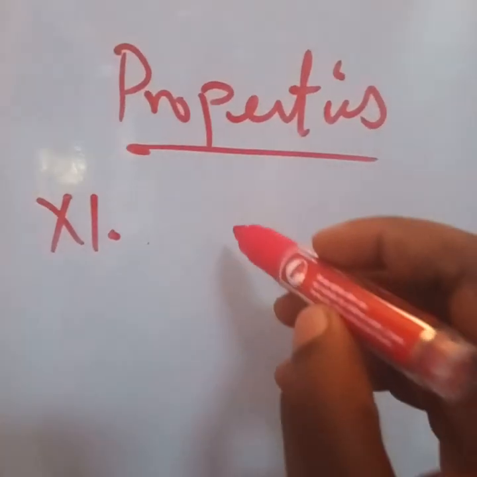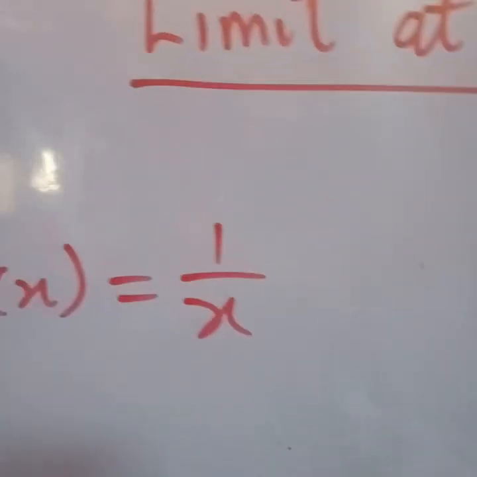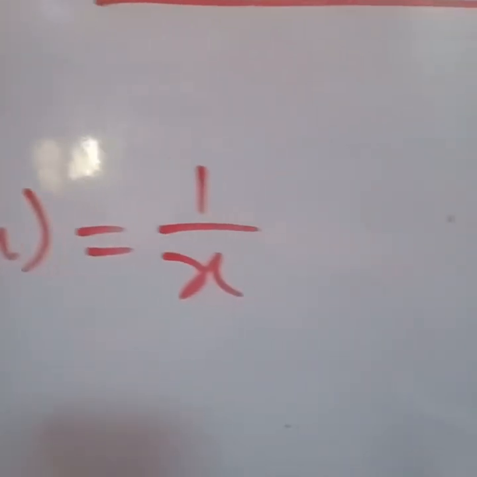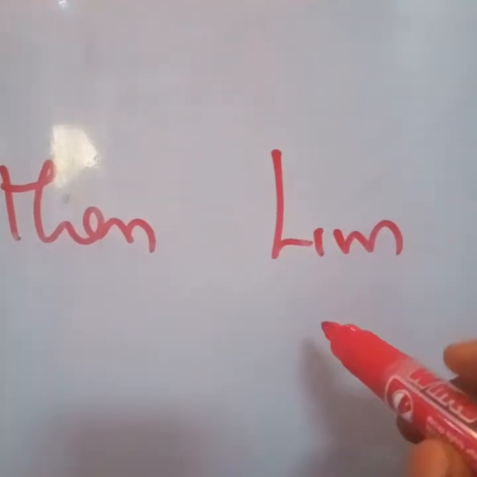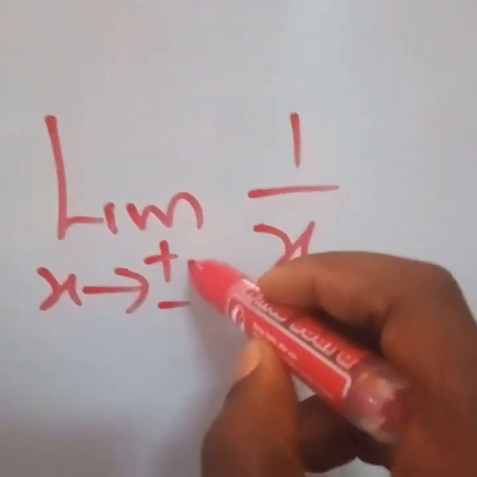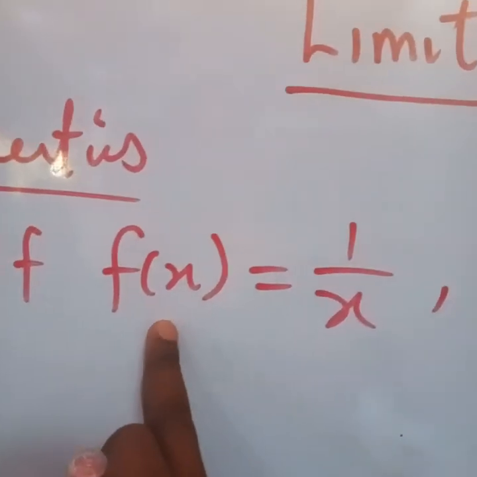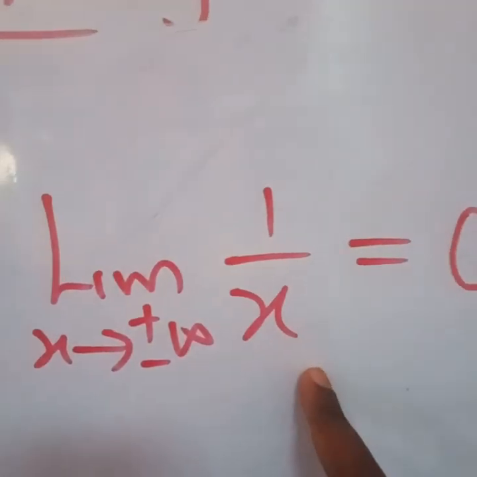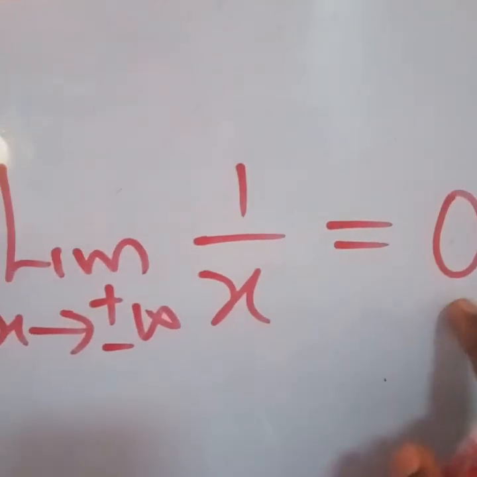Property 11 says if f of x is equal to 1 over x, then the limit of 1 over x as x tends to either positive or negative infinity is 0. Let's come again. If you are given a function f of x equal to 1 over x, when finding the limit of such a function as x tends to either positive or negative infinity, the limit is 0.